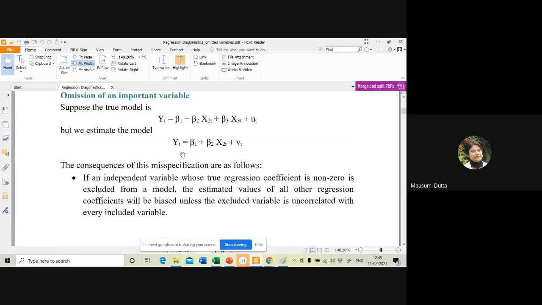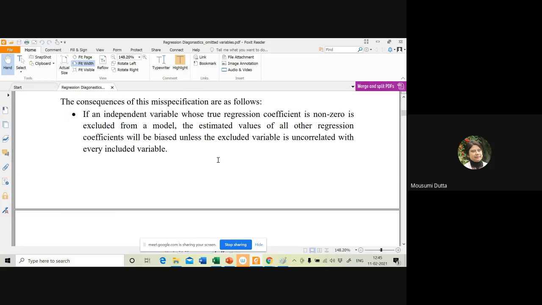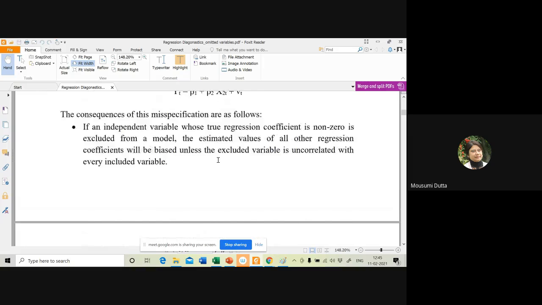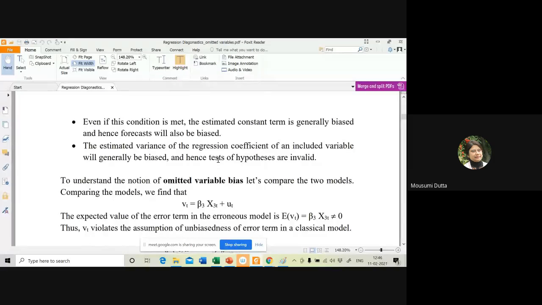So not only regarding the estimated values of the parameters, we are saying that the standard errors of the estimated parameters will be either overestimated or underestimated, and naturally the t statistic, which is beta hat divided by standard error of beta hat, if both numerator and denominator reflect biased values, naturally any t statistic will be erroneous, and any conclusion based on that t statistic will be problematic. Okay, so these are the serious problems if we omit an important explanatory variable.